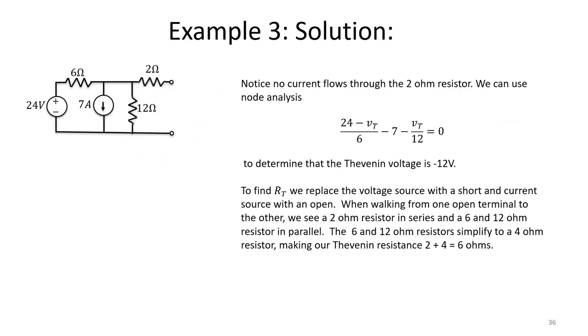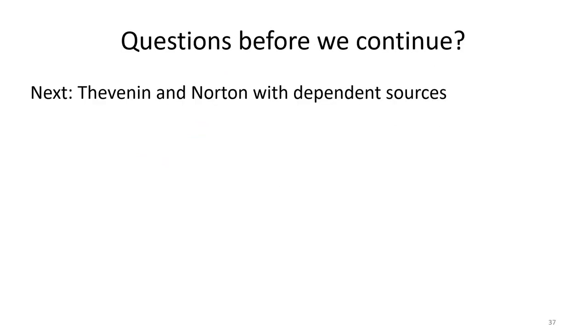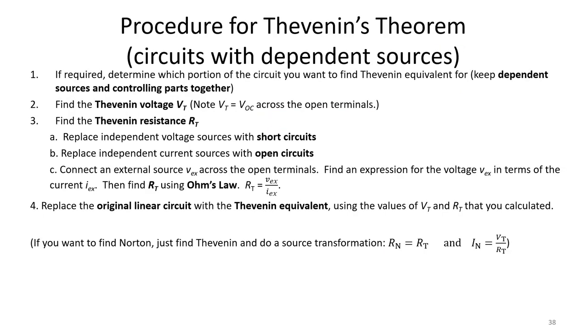All right, so let's go ahead now and look at the one other case for Thevenin and Norton when we do have dependent sources. Remember, the procedure we covered up to this point was for Thevenin and Norton without dependent sources, but if we do have dependent sources, the procedure is different.